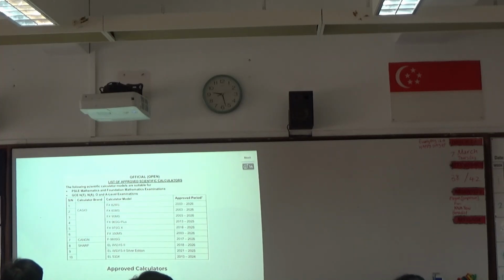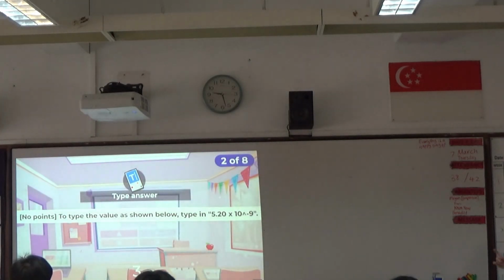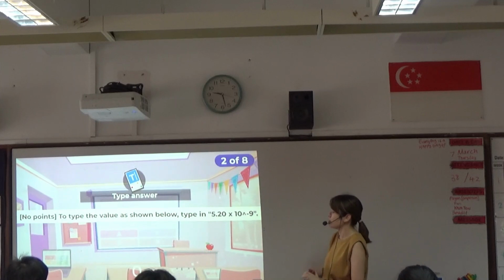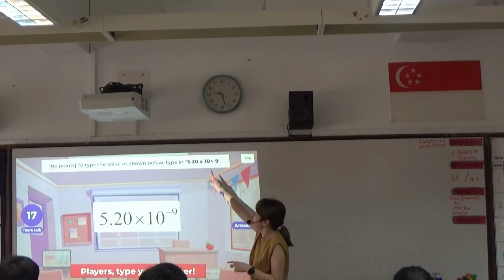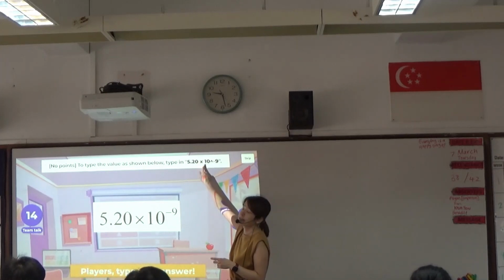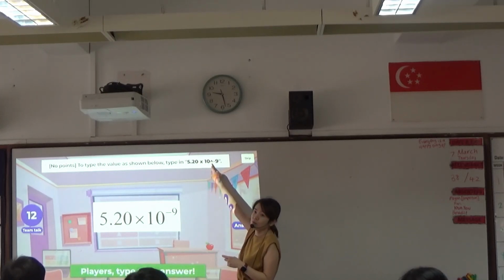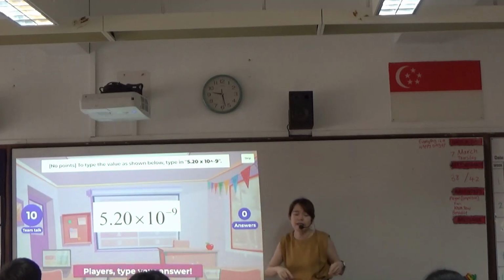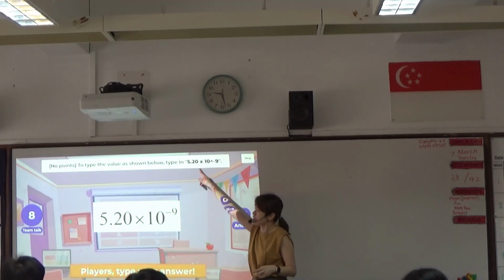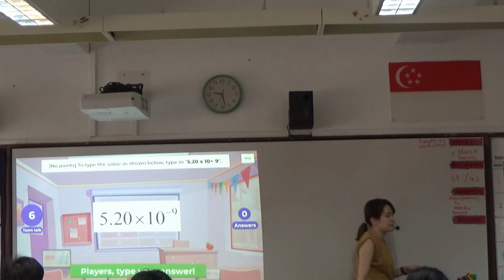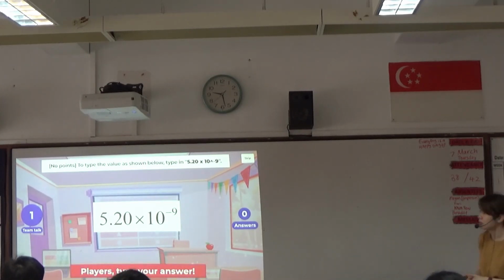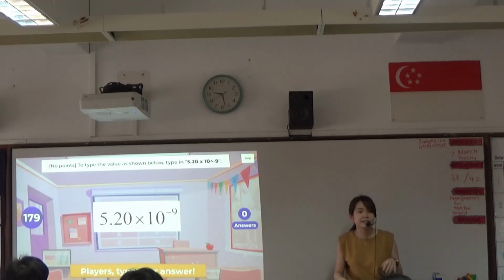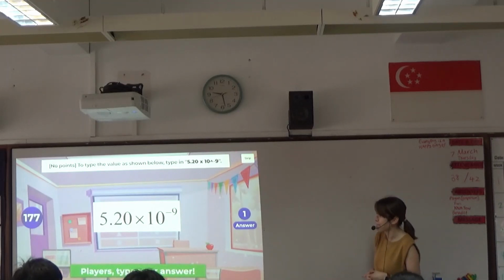Now, first thing is, how do we type our answer? Because we're doing standard form, for example times 10 to the power of negative 9, between the numbers and the times there must be a space. For the power of, we will use this symbol to represent it. I want you to type this into the answer space to familiarize yourself with the keys. Times is x.